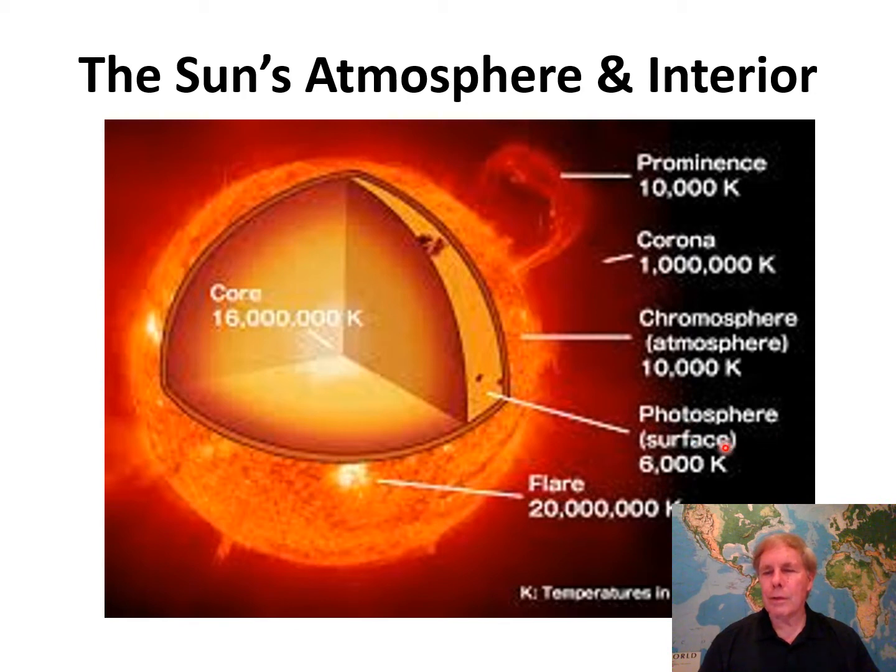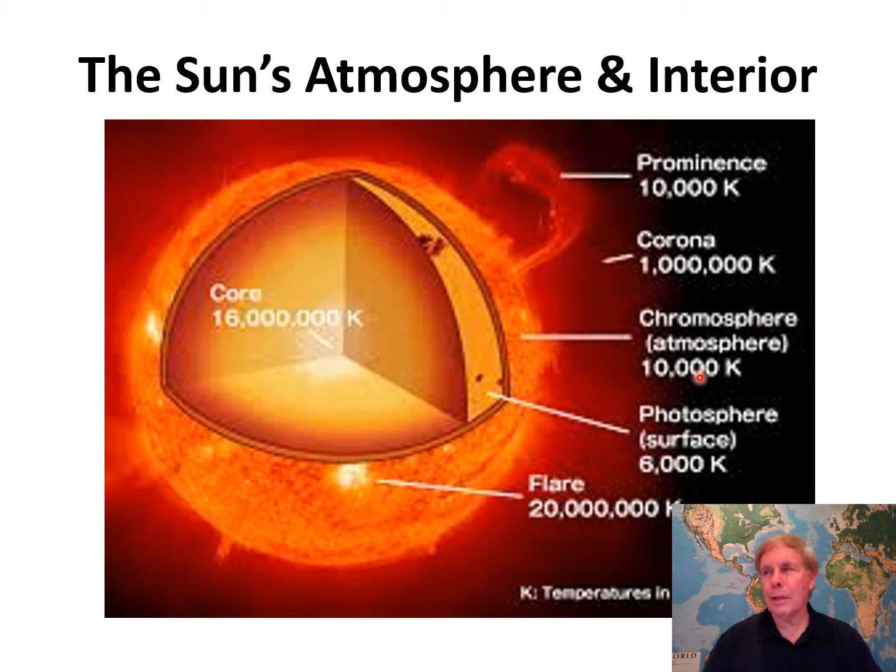A few other things that they're showing you here are, this is a word you need to know, photosphere. This is the so-called surface of the sun. Keep in mind the temperatures in the sun are so high that everything's a gas. And so there's no surface per se, but this is the surface we see in the visual portion of the spectrum. It's at about 6,000 degrees C. Above it's the chromosphere.